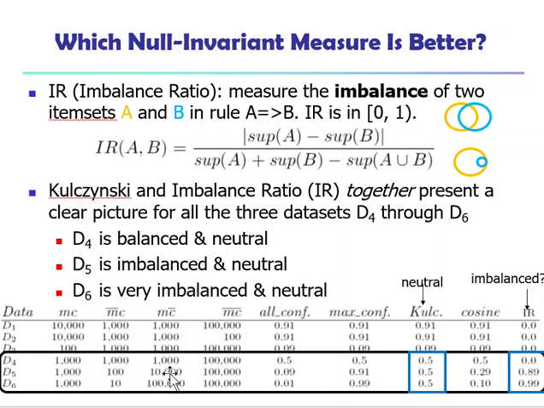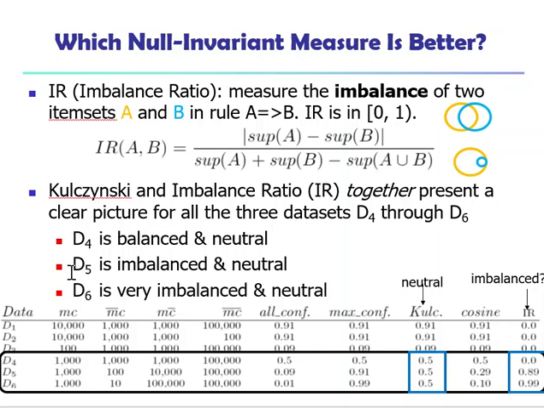So therefore, you can consider this relation is actually neutral. It's not strongly associated. Similarly, D6 has the same characteristic, only the extent is more extreme than D5.